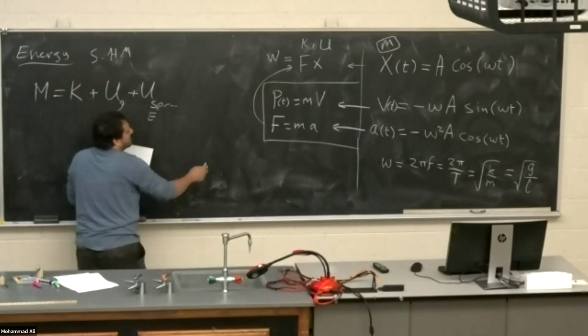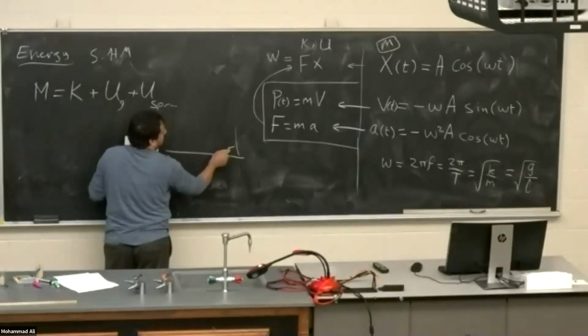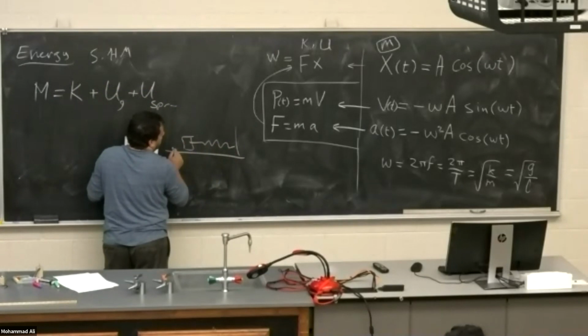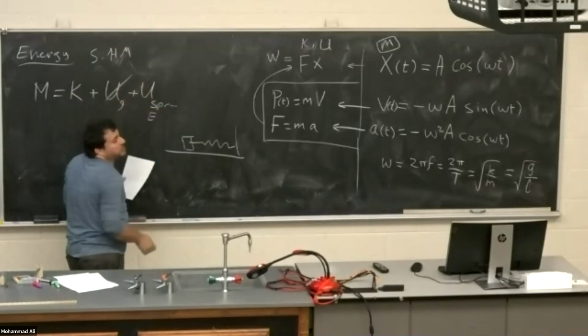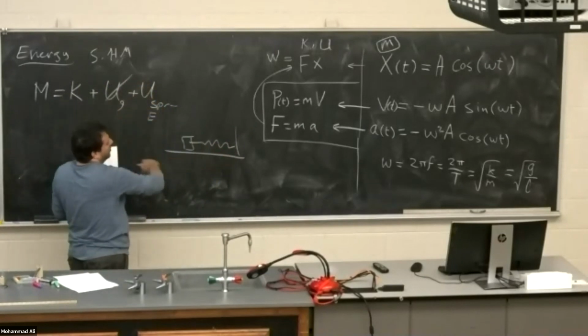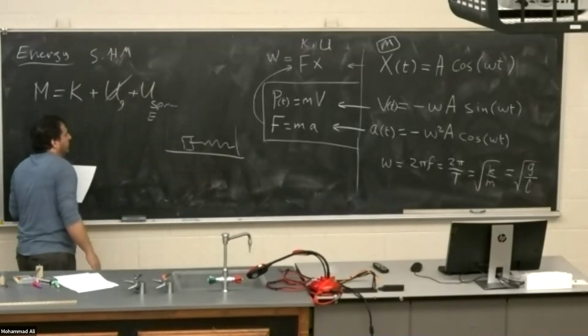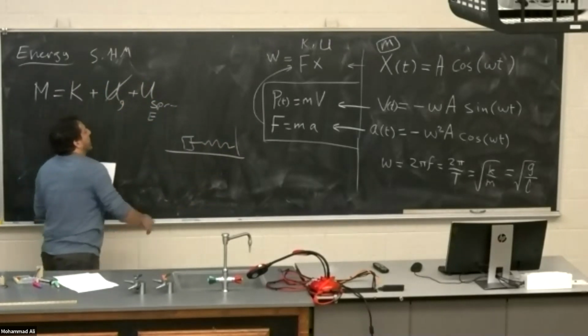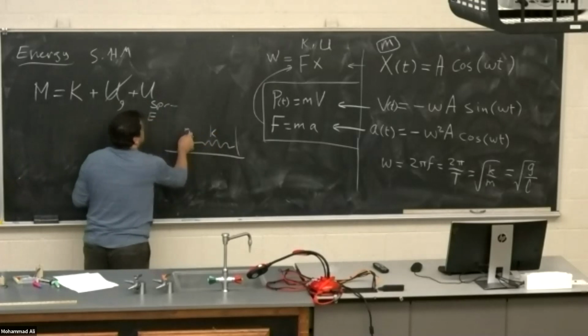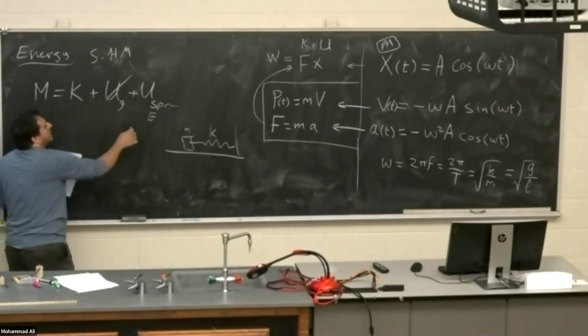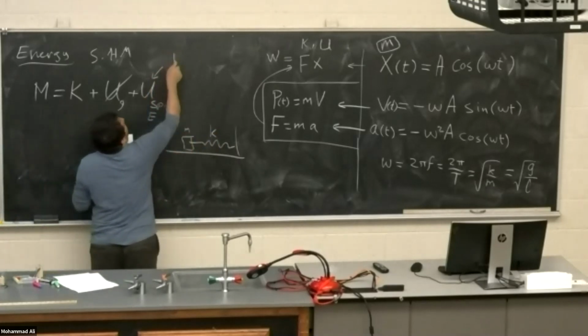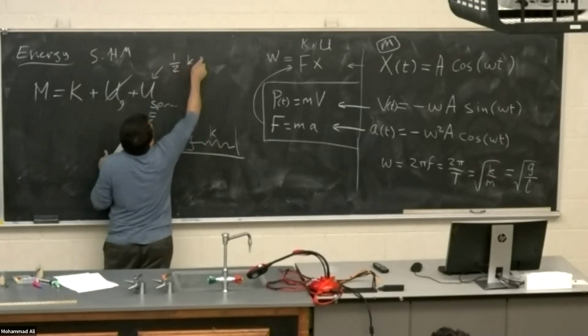Now, for the spring system, the gravitational potential is 0 if we are at the origin level, or the 0th level. We have the k with the mass. So the potential energy is 1/2 kx squared.